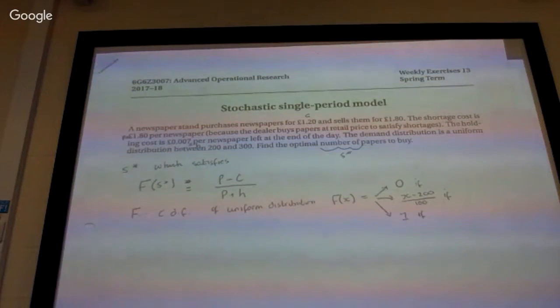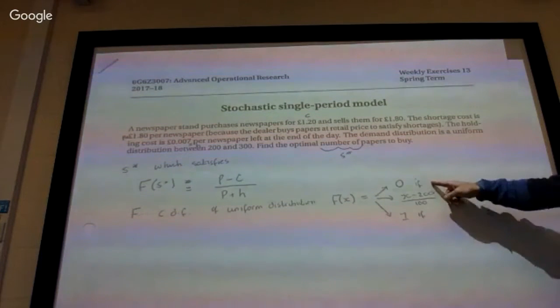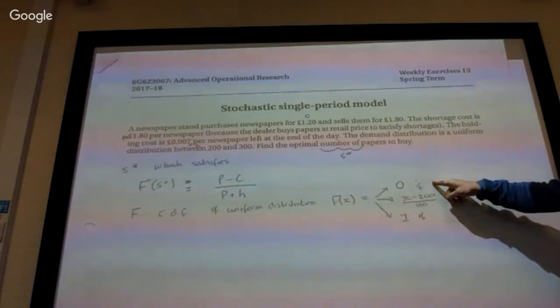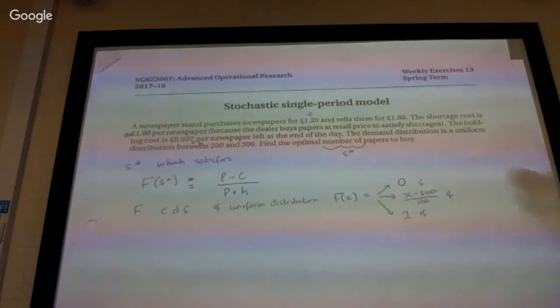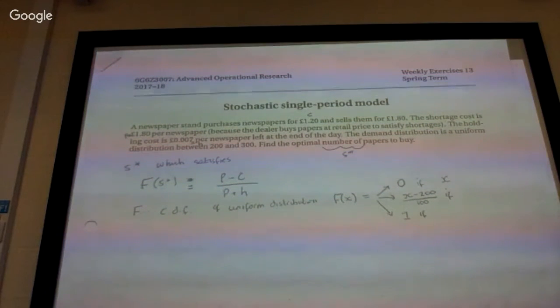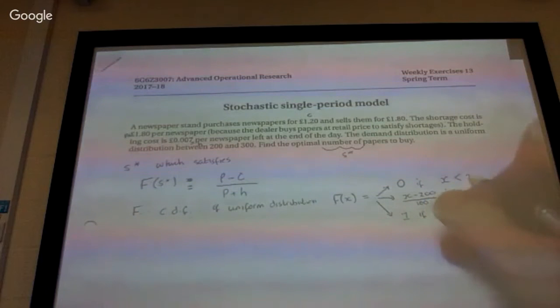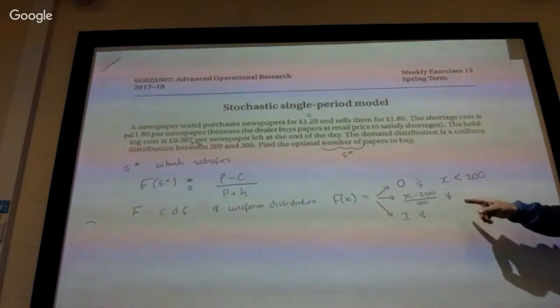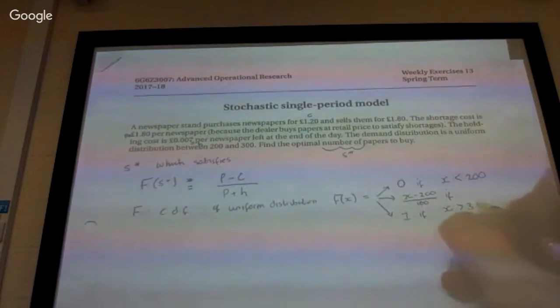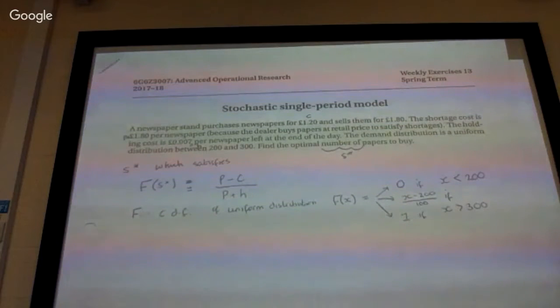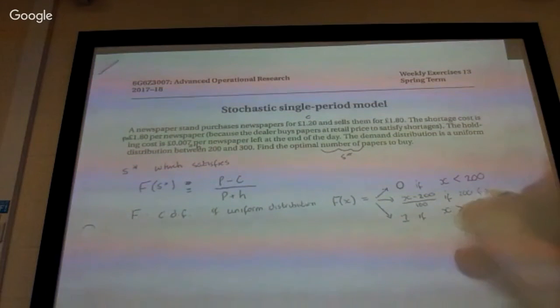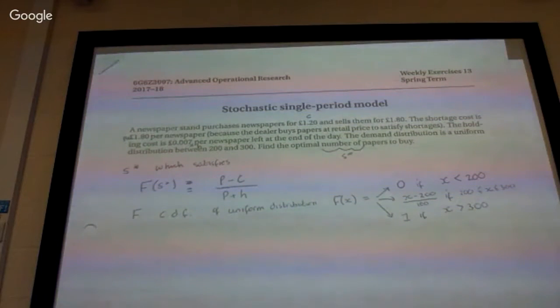It's the uniform distribution, so if the demand X is less than 200. Excellent.